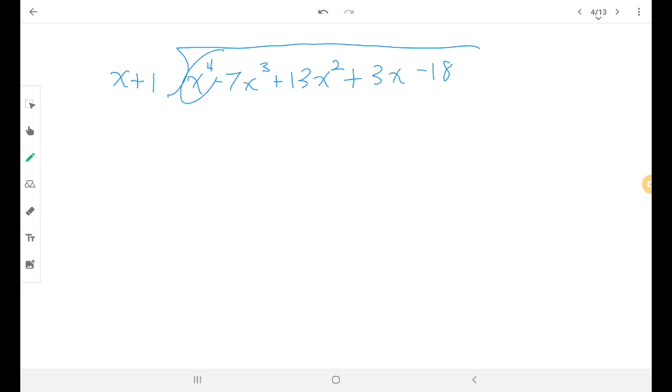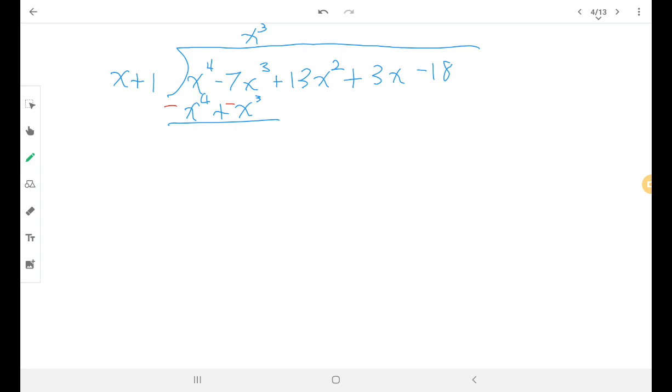Well, I need to make x to the fourth. I need to multiply by x to make it. What times x equals x to the fourth? Well, that's x to the third, or x cubed. So I will distribute that x cubed times x is x to the fourth, plus x cubed times 1 is x cubed. Now remember, I need to subtract there, so I'm going to change the signs.